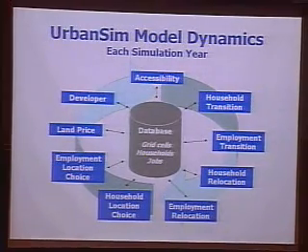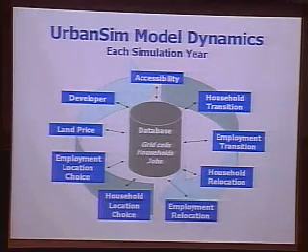Then for employment, for each job that is to be relocated, there's a location choice step for that. After that, we update the land prices, and I'll go over that model in detail. And then the developer model kicks in. And the developer decides, based on all the data it sees in the database, grid cells, households, jobs, vacancies, land prices, what the developer is going to do for a particular grid cell.